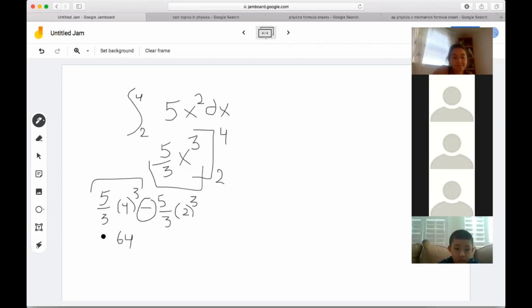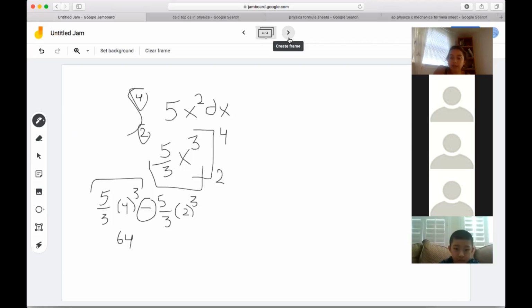It's not an even number, so I'm not going to solve it all out, but it's basically 64 times 5/3 minus 2 cubed times 5/3. In this case, you don't need a plus c because it's a definite integral with numbers on it.